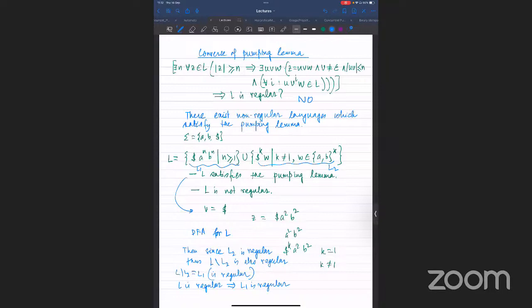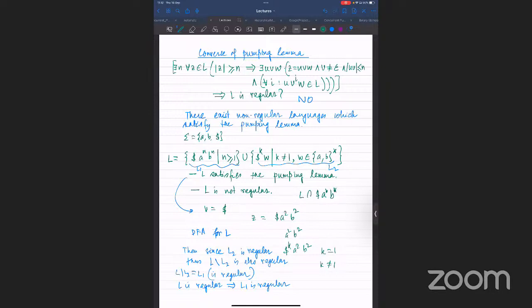Another way to do this, using homomorphism, maybe. Right? So I mean, you can also do this. For example, let's say L intersection dollar A star B star. This is just another way of showing this. So what do you get?